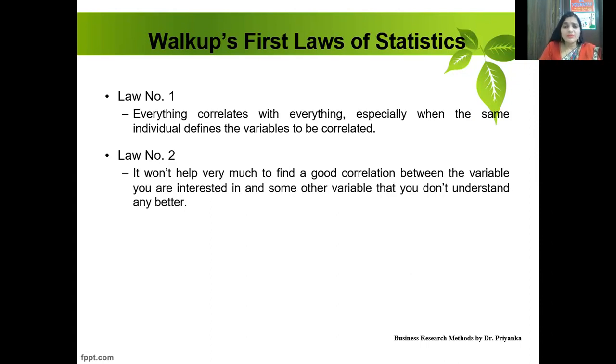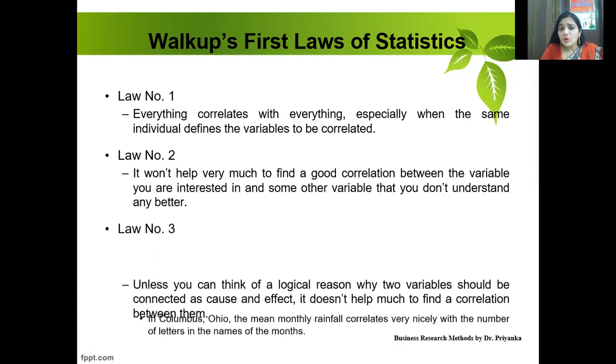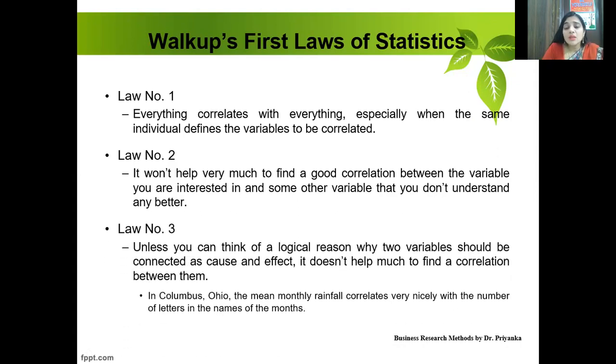Law number 3 says that unless you can think of a logical reason why two variables should be connected as cause and effect, it does not help much to find a correlation between them. Unless you have some idea that these two have a cause and effect relationship, you should not go for correlation.